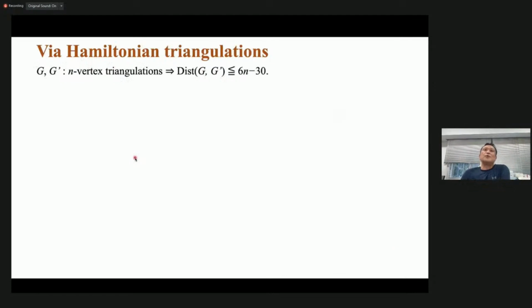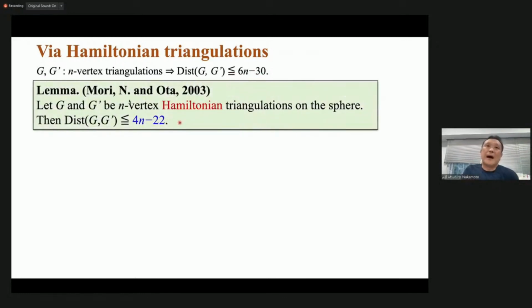The method is to use Hamiltonian triangulations. Our purpose is to prove that if G and G prime are n-vertex triangulations on the sphere, then the flip distance is at most 6n minus constant. In order to prove this, we use this lemma. Let G and G prime be n-vertex Hamiltonian triangulations on the sphere.